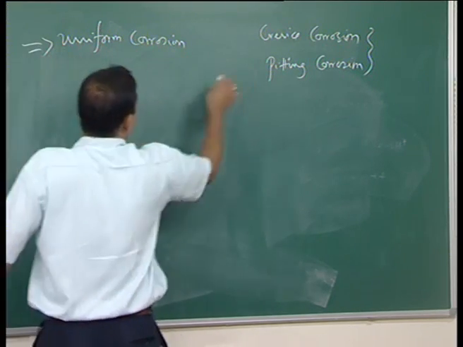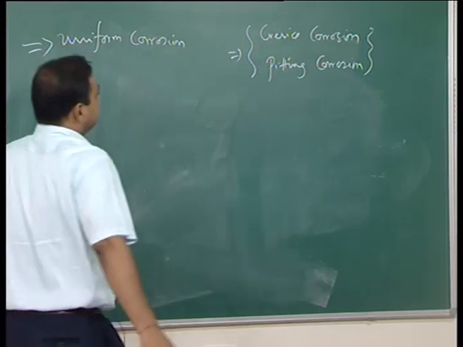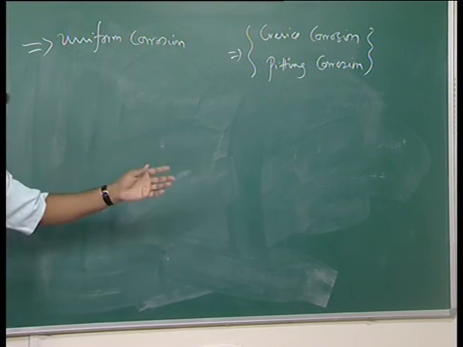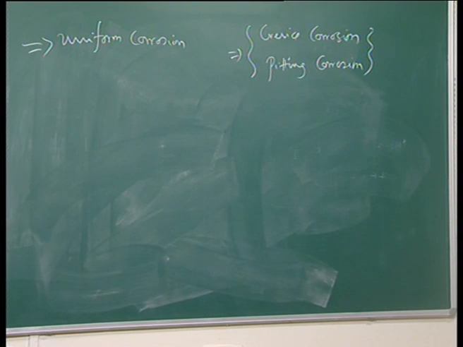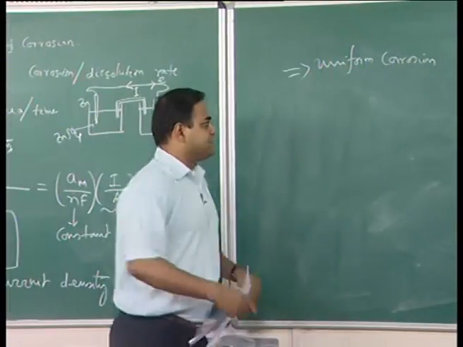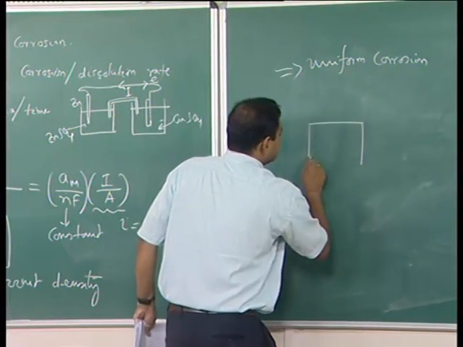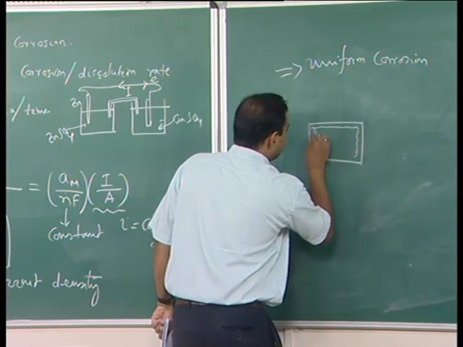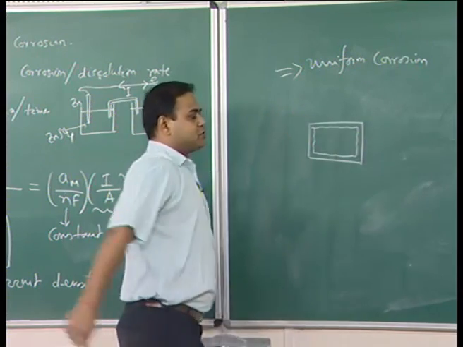Professor Chaudhary from IIT Roorkee will cover this part, but for the time being, uniform corrosion means the corrosion is happening uniformly throughout the exposed surface.